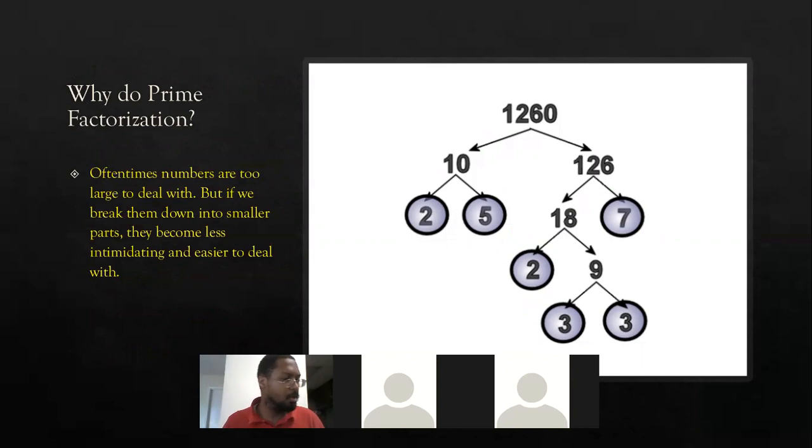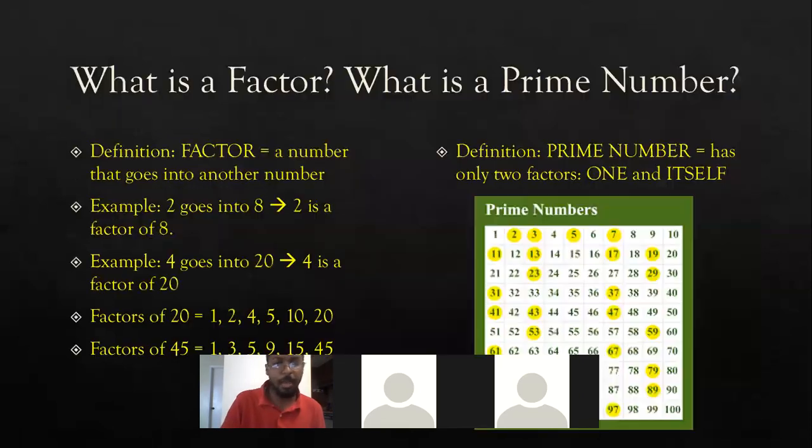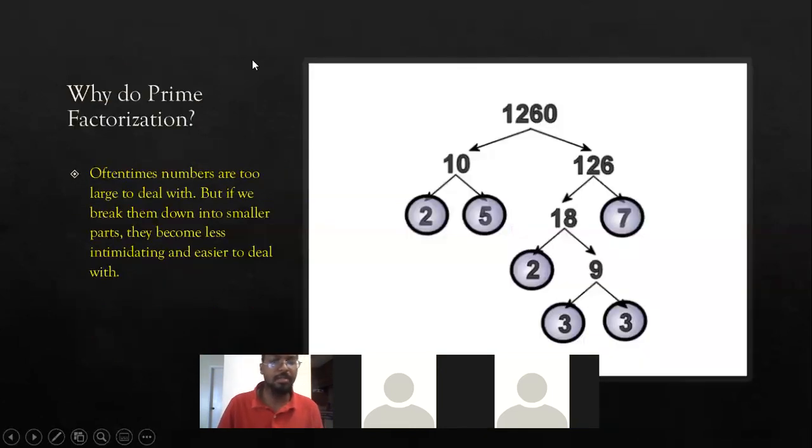So why would I want to find the factors of a number that are prime? So go back, we said factors and primes. Why would I want to find the prime factors?